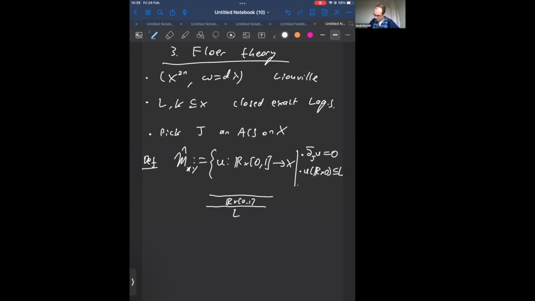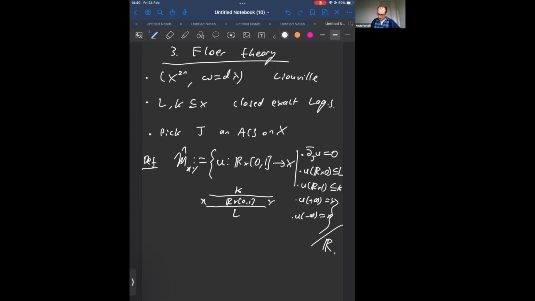This side goes into L. u of R times 1 goes into K. u of plus infinity is Y, and u of minus infinity is X.